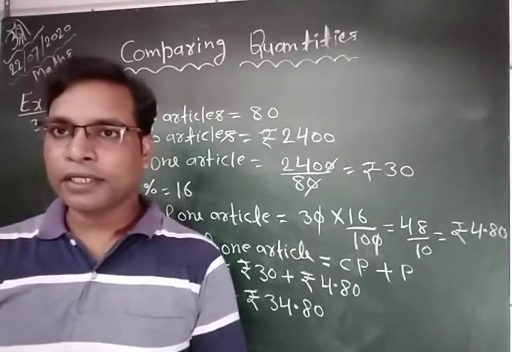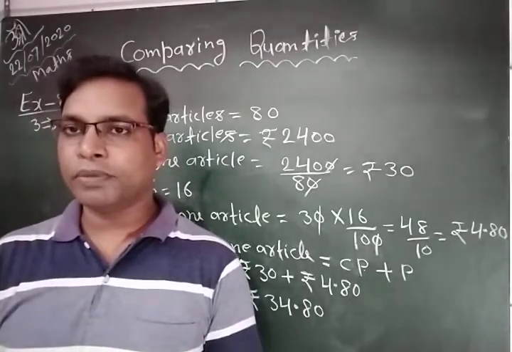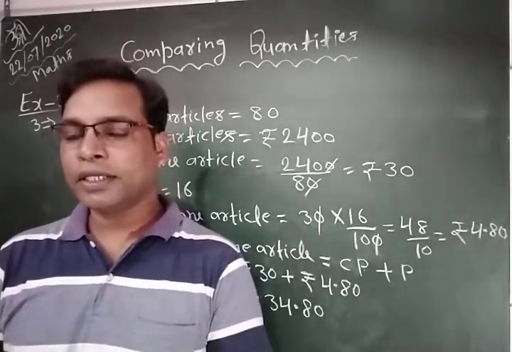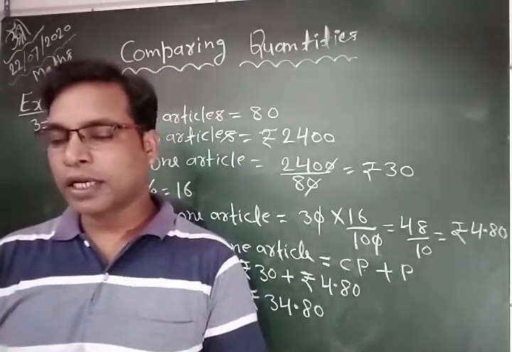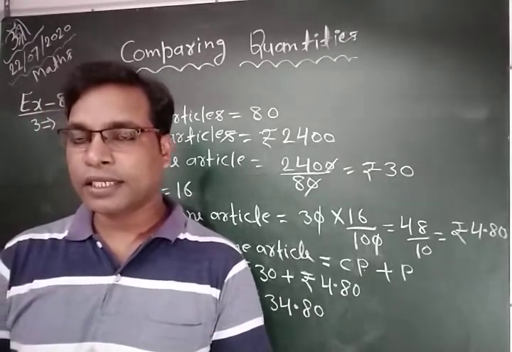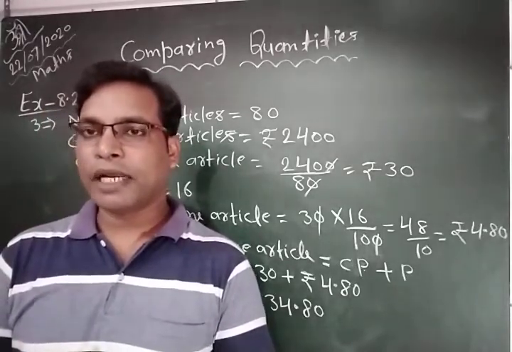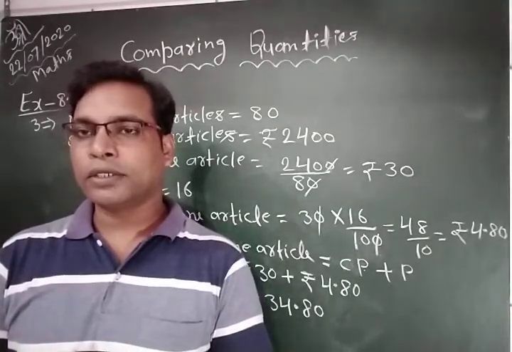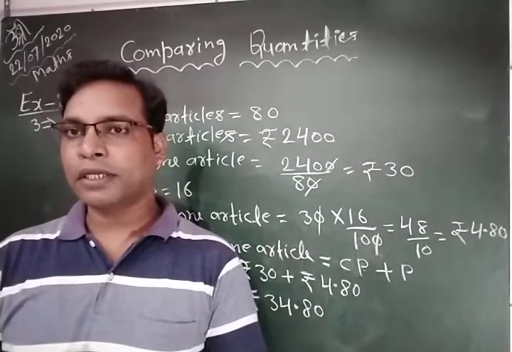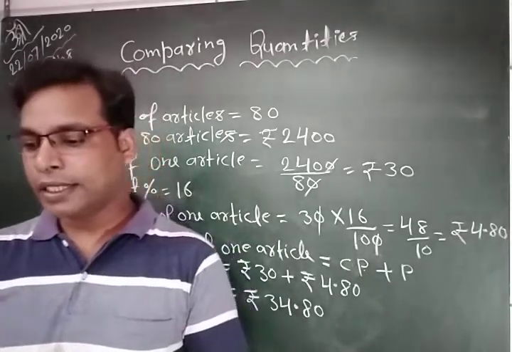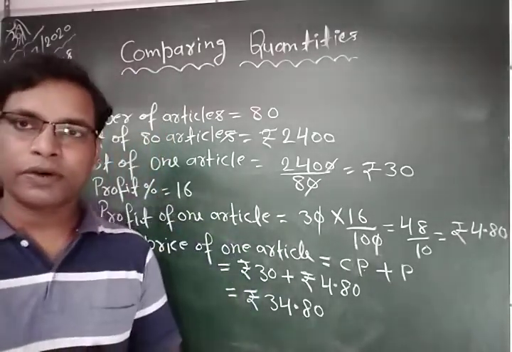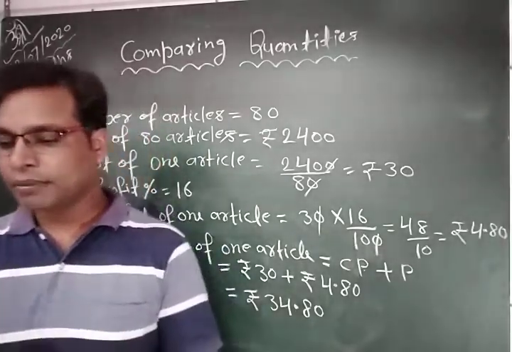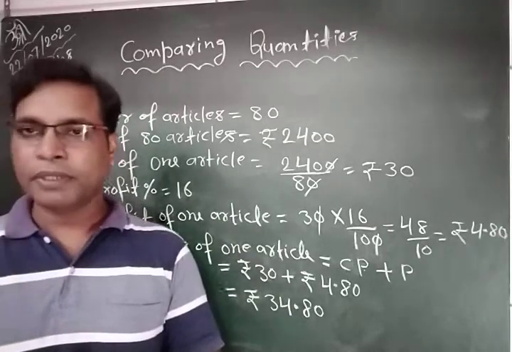The cost of repair is 450 rupees. So after repairing the article, the total cost price of the article is 15,500 plus 450 rupees. Okay, so it becomes 15,950 rupees.